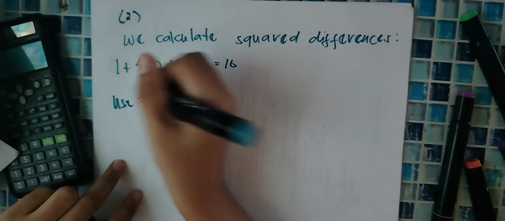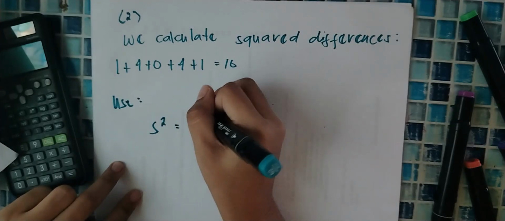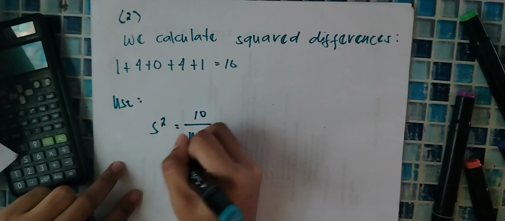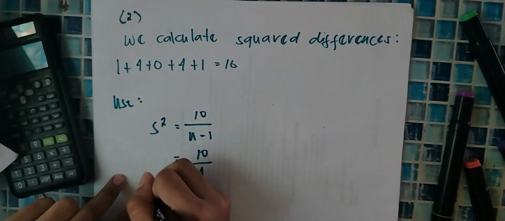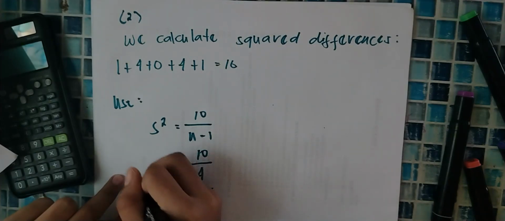So next we use s squared equals 10 divided by n minus 1. So it equals 10 over 4. So s squared is equal to 2.5.